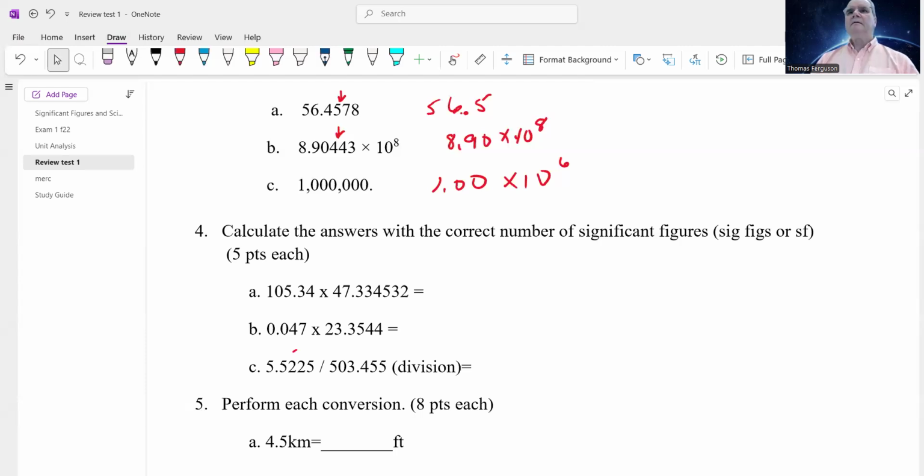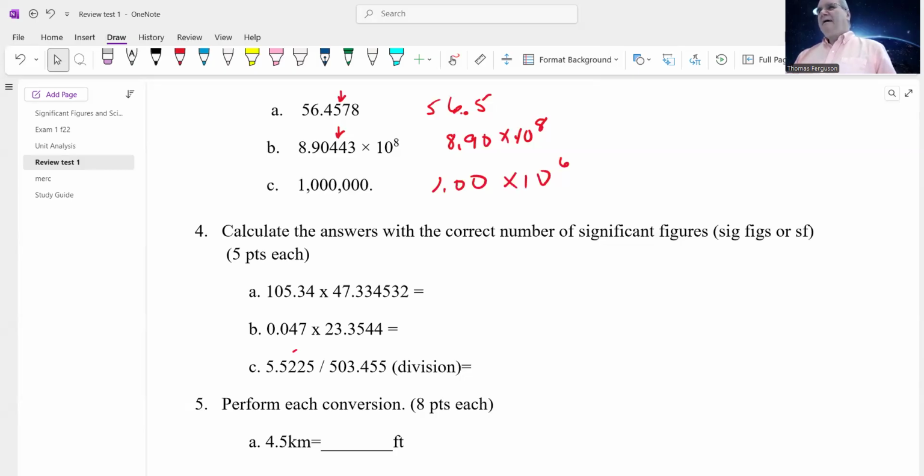Yes, so what was your question then? Yeah, because if 10 to the 8th isn't there, the number is really different.